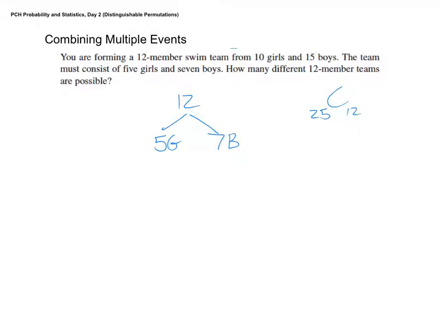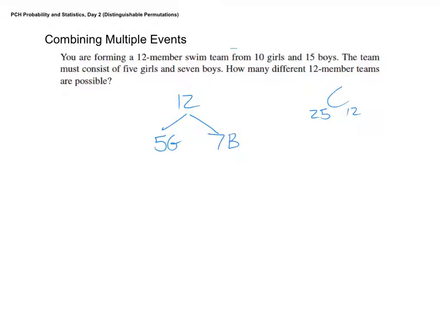Here's our fundamental counting principle coming back into play. The fundamental counting principle says the number of ways one event can happen multiplied by the number of ways the other event can happen will give you the total number of ways they can happen together. So, for right now, let's just look at the girls.